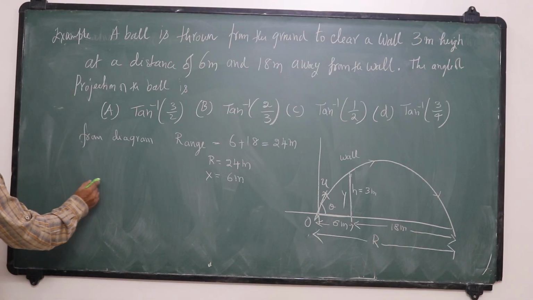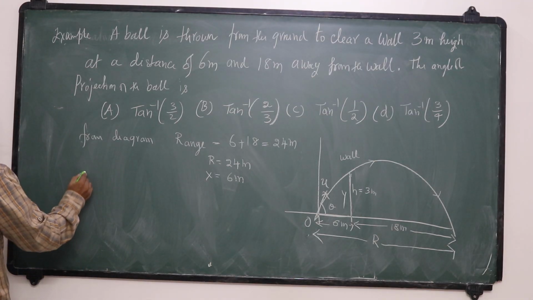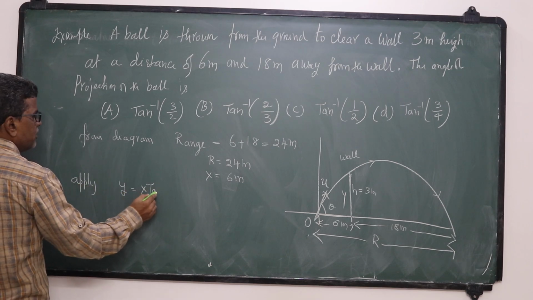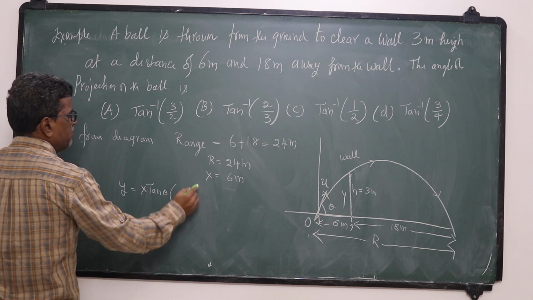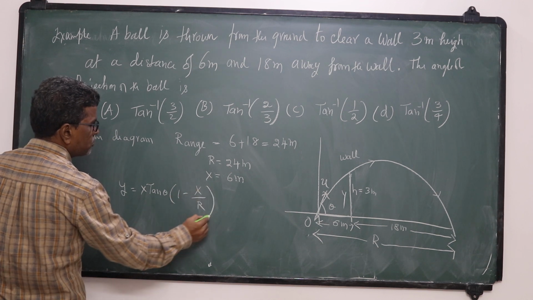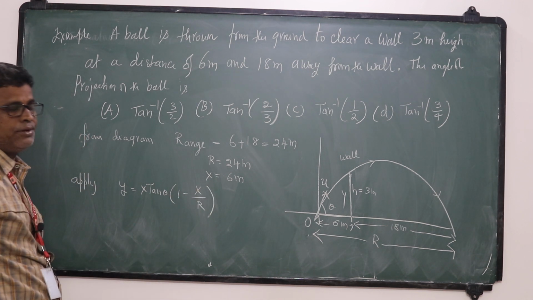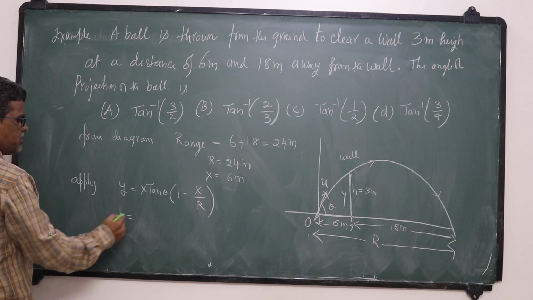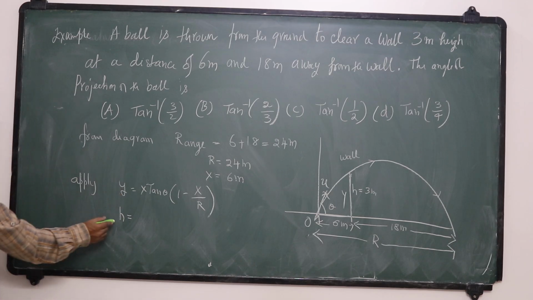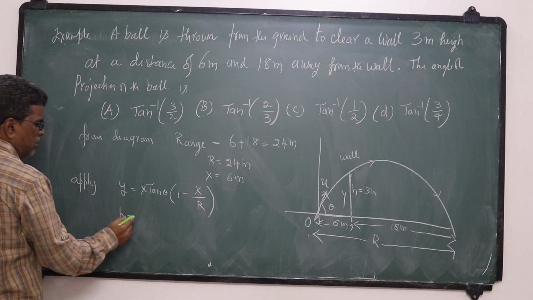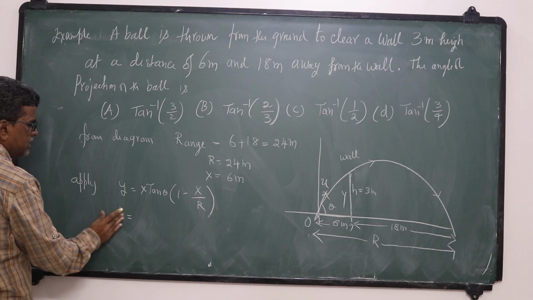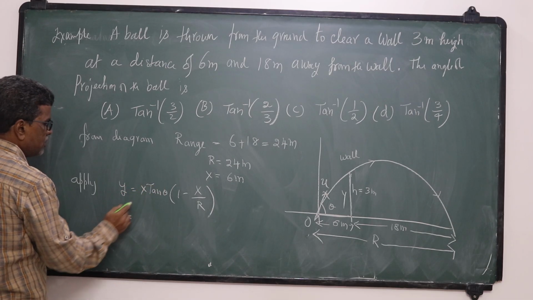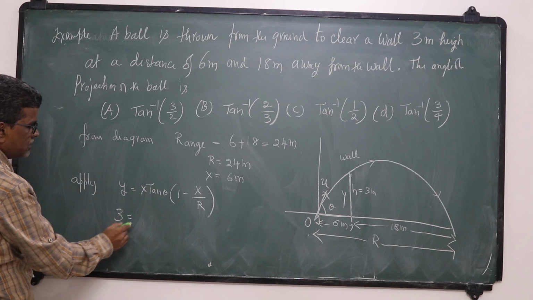I am taking this form, applying the alternative form of trajectory. That is, y is equal to x tan theta times (1 minus x by R). So I want y, that is h, the height of the wall. What is the height of the wall? 3 meters. What is x? 6.